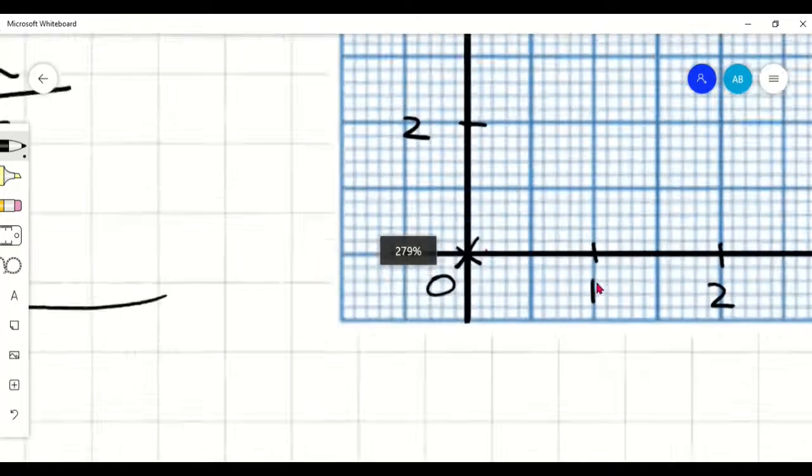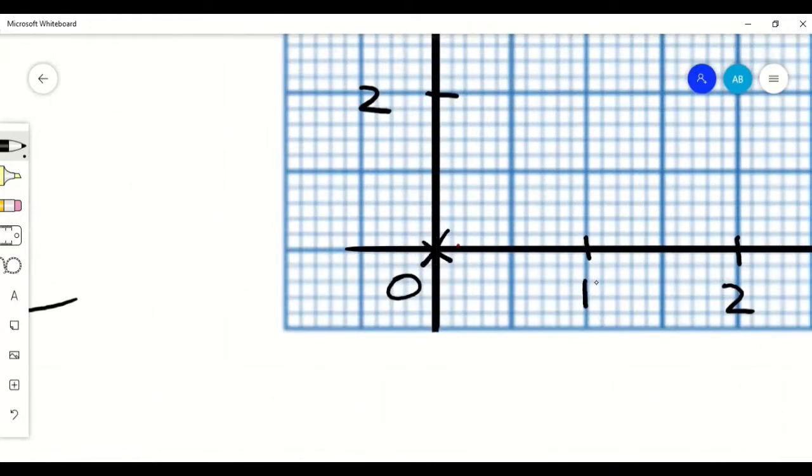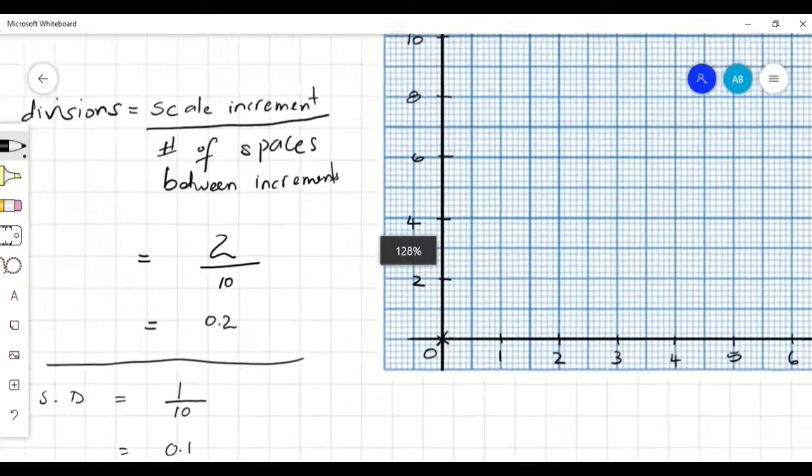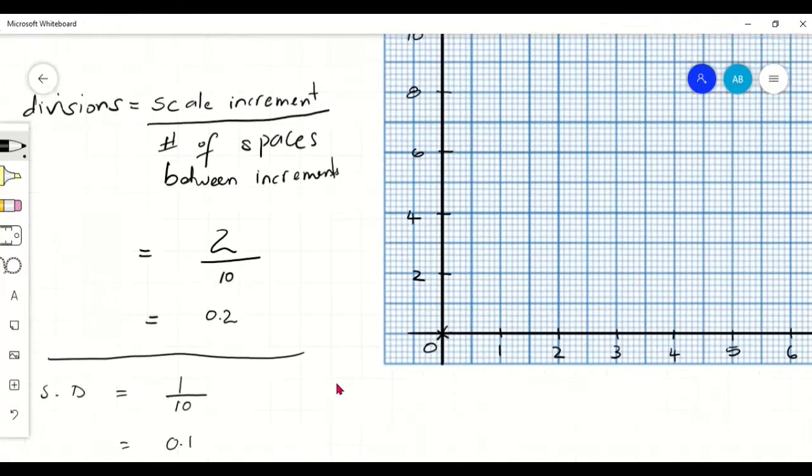Now for the check, 0, 0.1, 0.2, 0.3, 0.4, 0.5, 0.6, 0.7, 0.8, 0.9, 1.0. So that means that our values for the smaller divisions are correct.